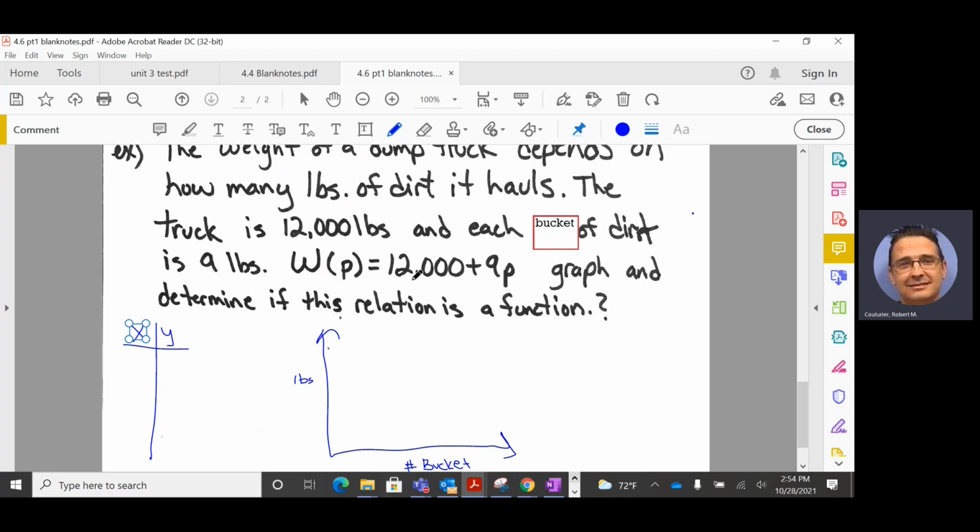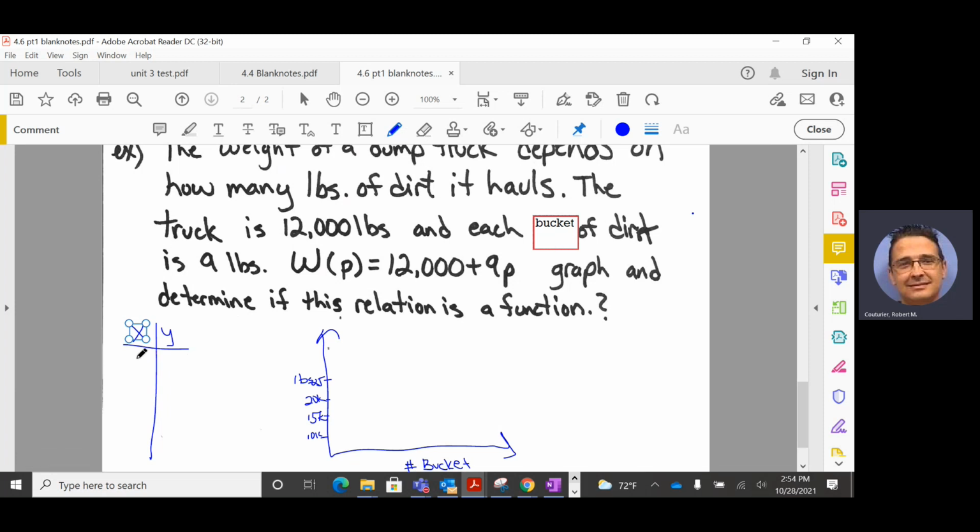And wow, this is starting pretty high, right? Because even if we don't put any buckets, our truck still weighs like 12,000 pounds. That's a heavy truck. So let's do these by 5K: 10K, 15K, 20, 25.